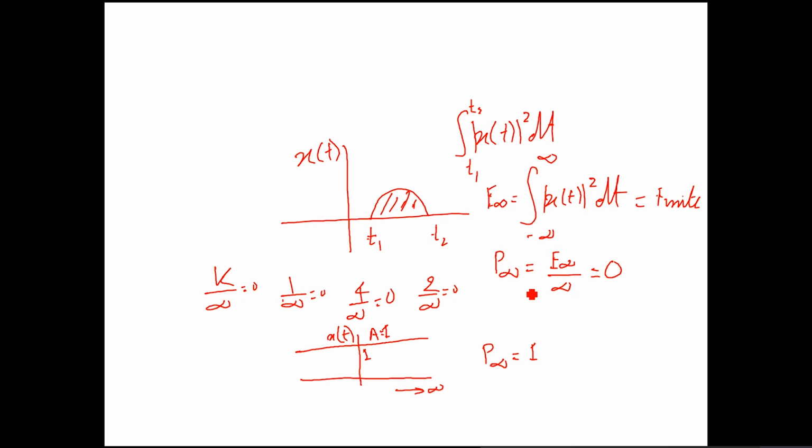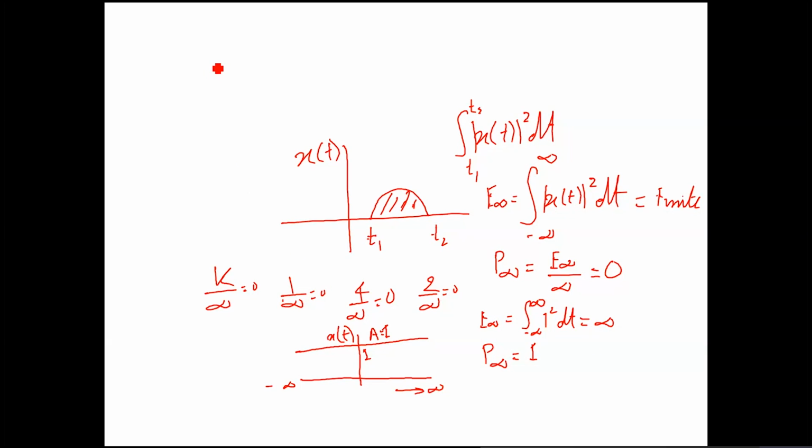But if we want to find out its energy, it would be taking the integration from minus infinity to infinity of x of t square, 1 square. What should E infinity be? It would be the integration from minus infinity to infinity of 1 square dt. What should that value be? Come on. It is a summation of a continuum. If you are trying to sum up an infinite quantity, the value would be infinity.